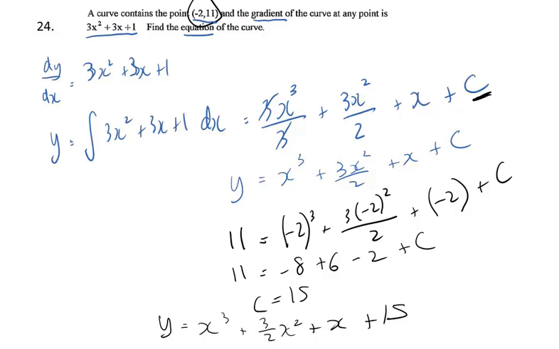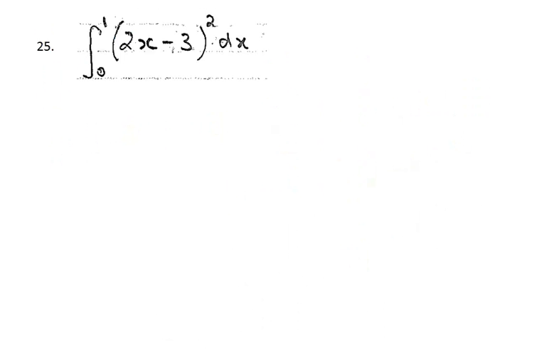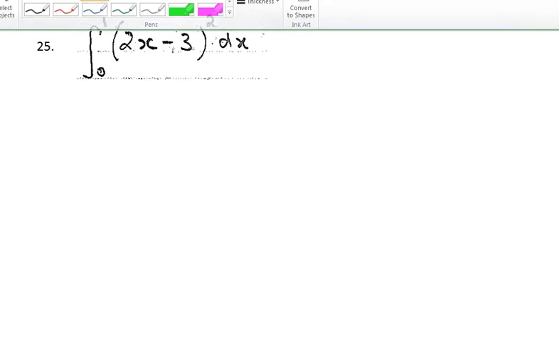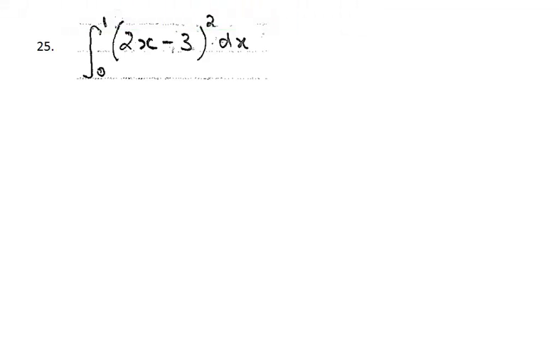Okay, now looking at number 25. We want to integrate between 0 and 1, 2x minus 3 squared. So our first step is, we've got 2x minus 3 to the power of 3 divided by 3.